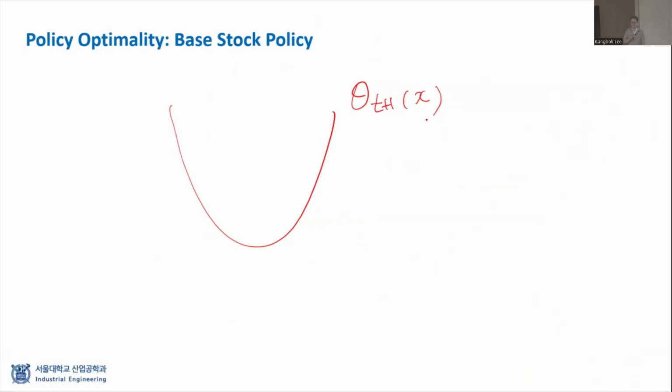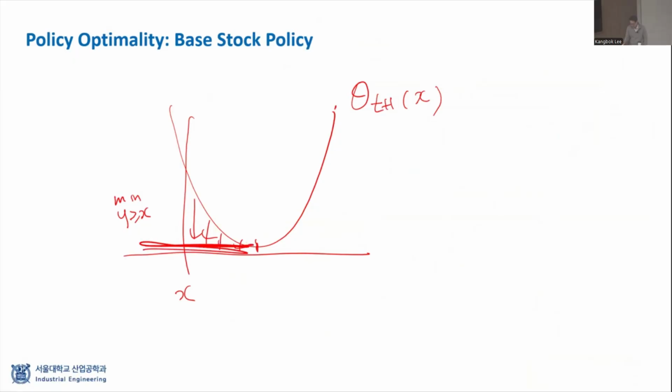We are actually taking the minimum over y greater than or equal to x. So if my x is here, every function value goes to this one here, and then after this one, I will have that.